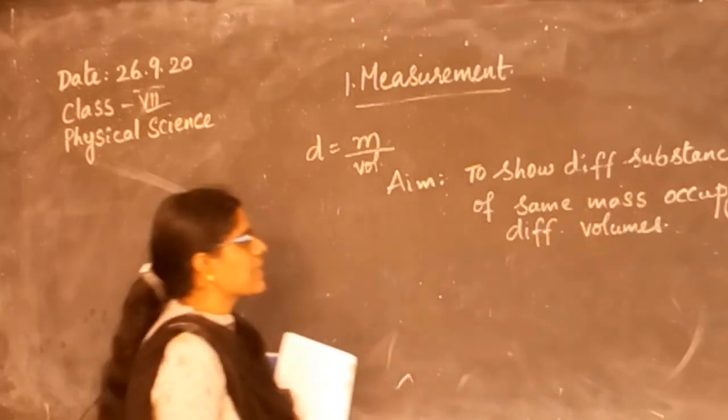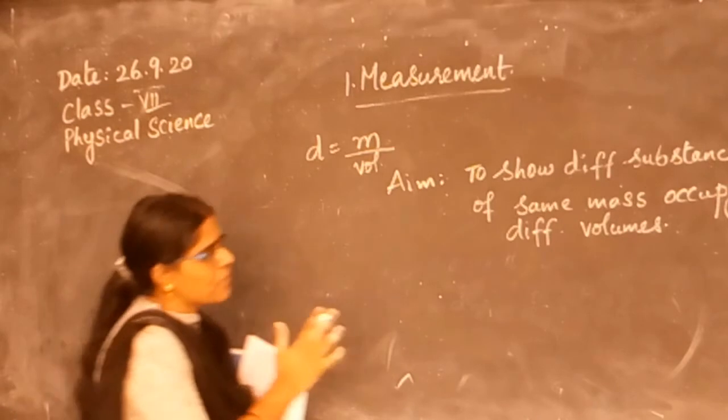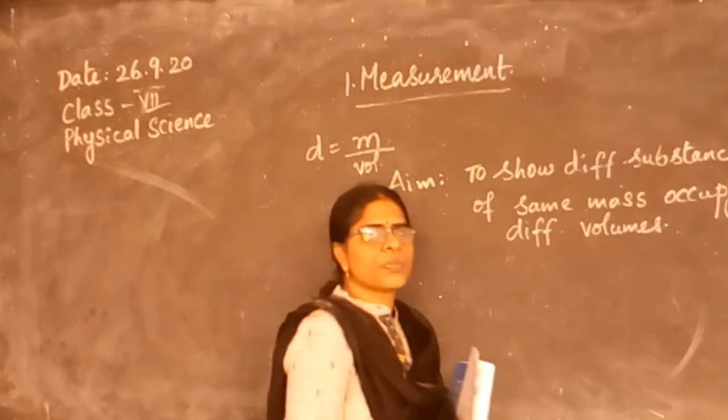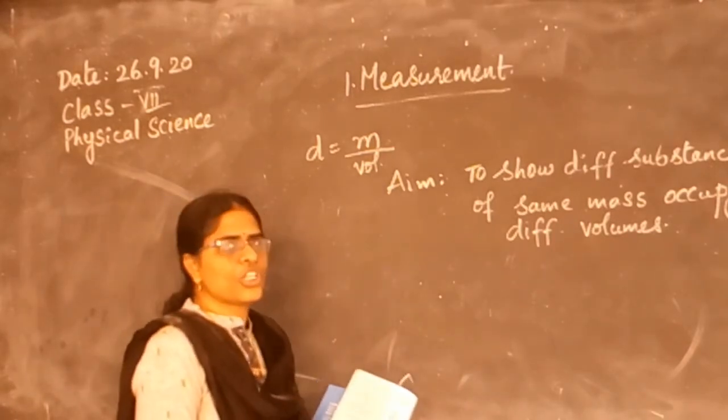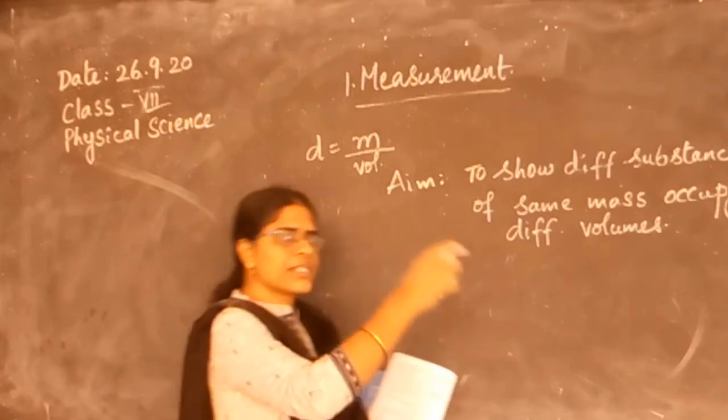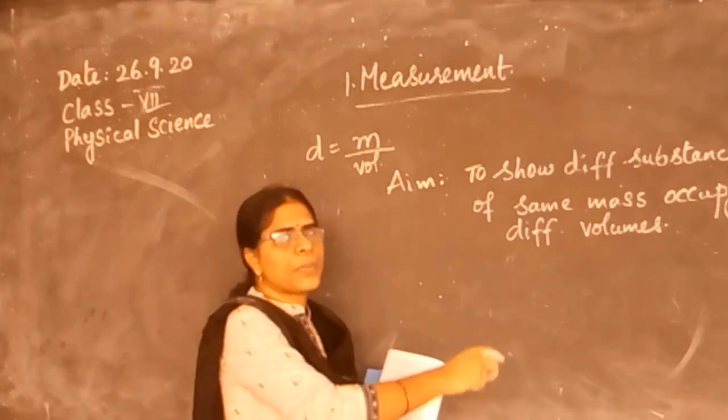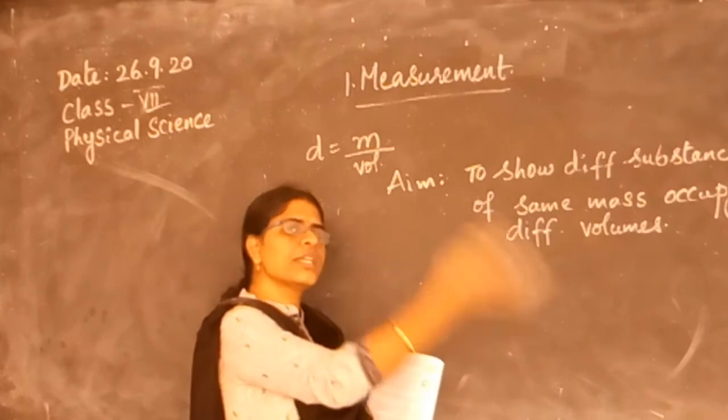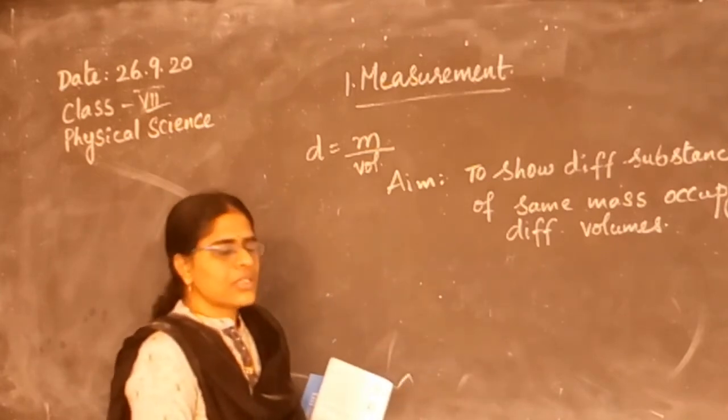Okay? Different substances of same mass occupy different volumes. A beam balance is taken. In one pan we are placing the stone, in the other pan sand.